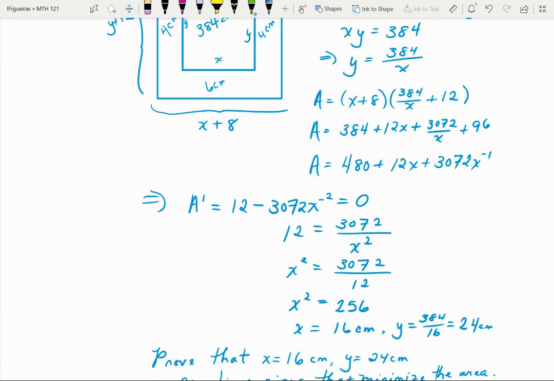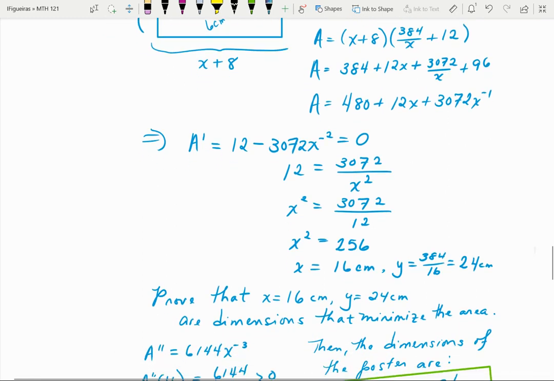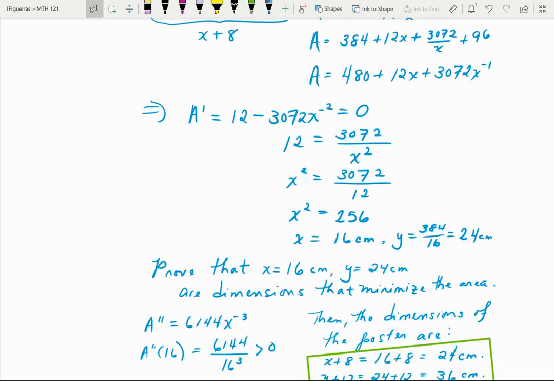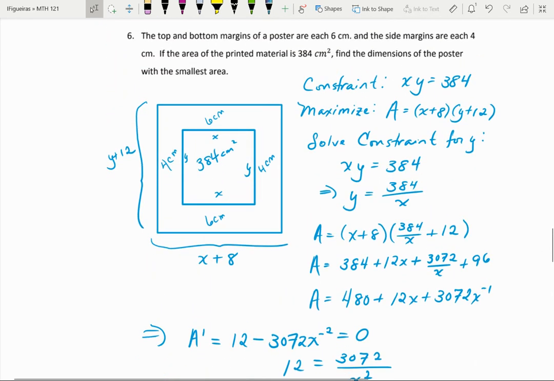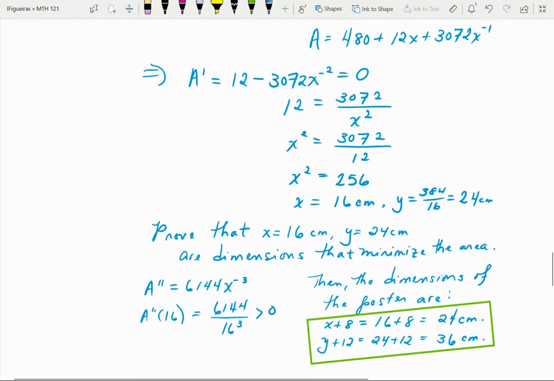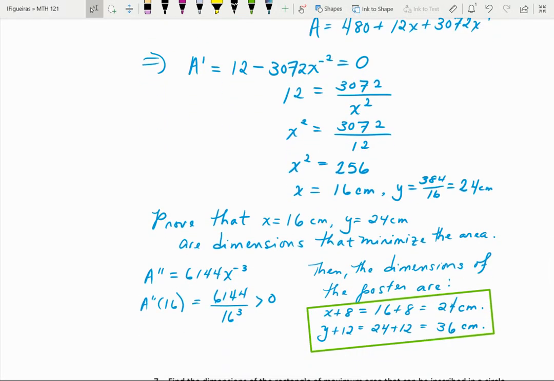All right, so we want to prove that these values will allow us to minimize the area of the poster, because remember, that's what we were asked to do: find the dimensions with the smallest area. That's a minimum problem. Okay, so we have x equals 16, y equals 24.